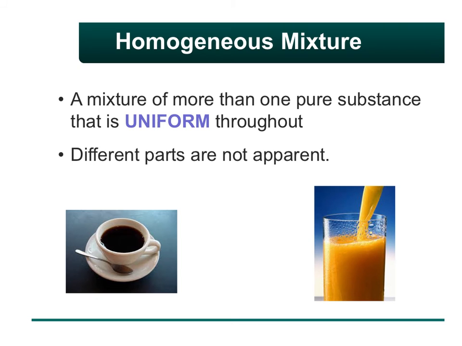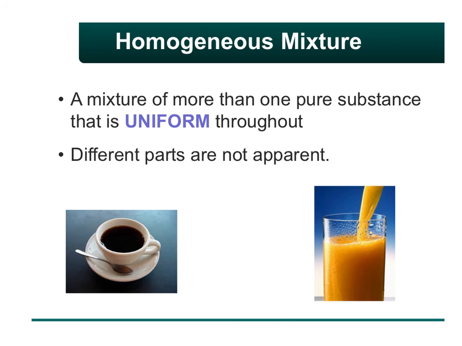So if you look at coffee, you can see that the coffee just looks like a brown liquid, but it actually is made out of the coffee that's been ground and water, but you just can't see those two different parts. It's not visible to you. Same with orange juice. With orange juice, it actually has the orange pulp plus water, but you can't see those different parts. It's all one unit, so you don't see that it is a mixture. It looks uniform, and that is what we refer to as a homogeneous mixture.